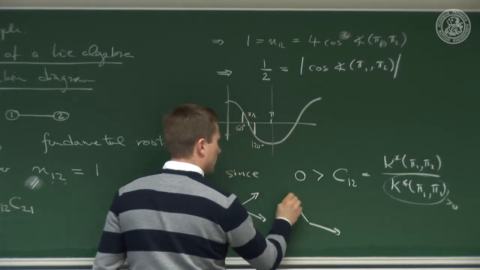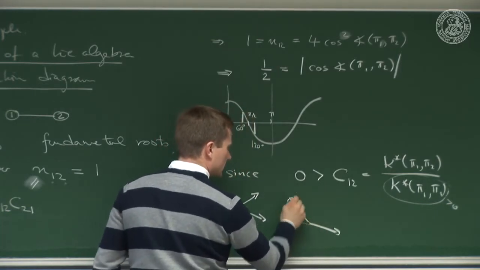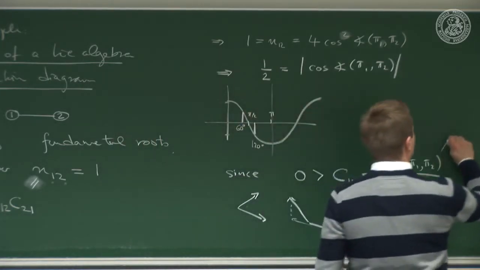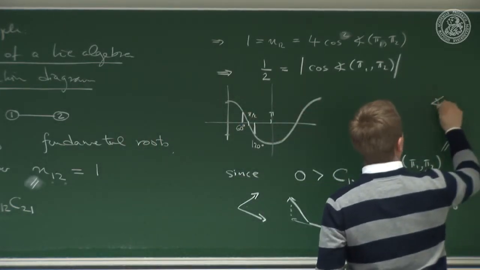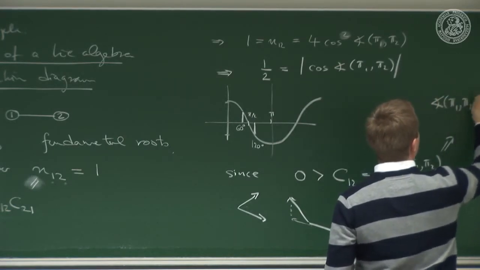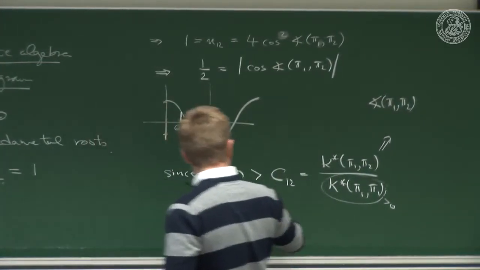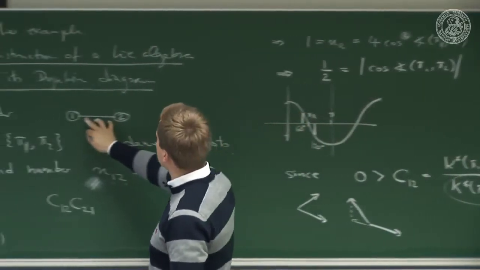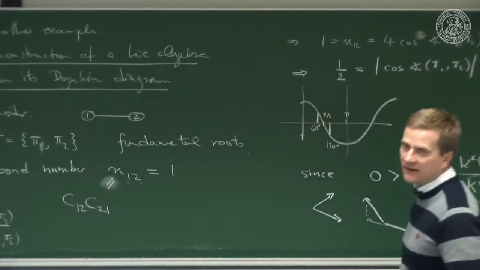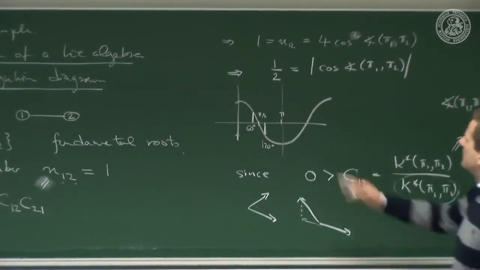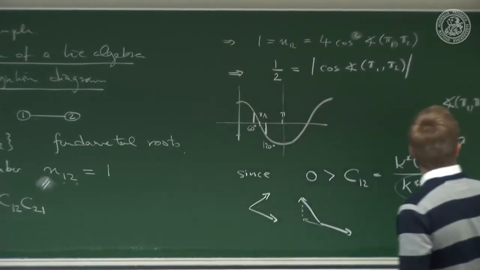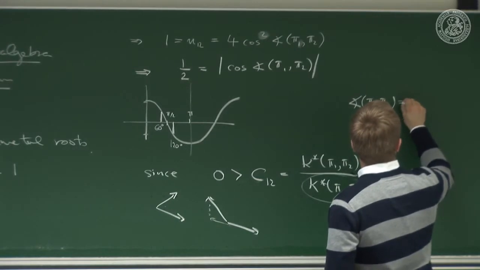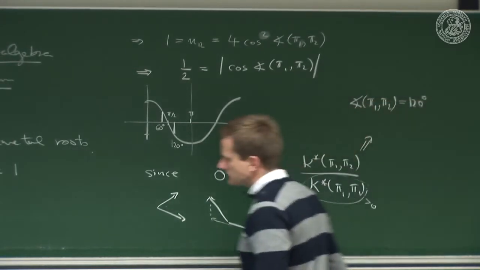The situation is 120 degrees, where the projection of one on the other is negative. That's a general rule because the off-diagonal elements are always less than 0. Whenever coming from a Dynkin diagram, you have to decide whether you have an angle less than 90 degrees or greater than 90 degrees. You pick the one greater than 90 degrees. You must pick it because of this sign. And so this is 120 degrees.